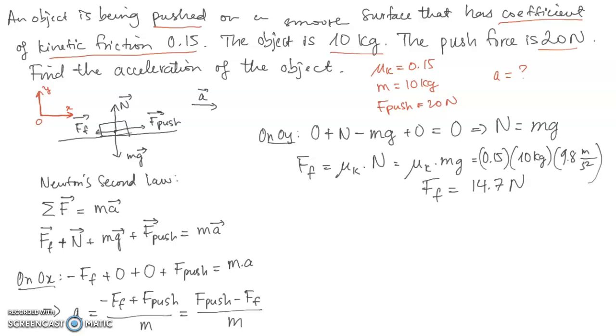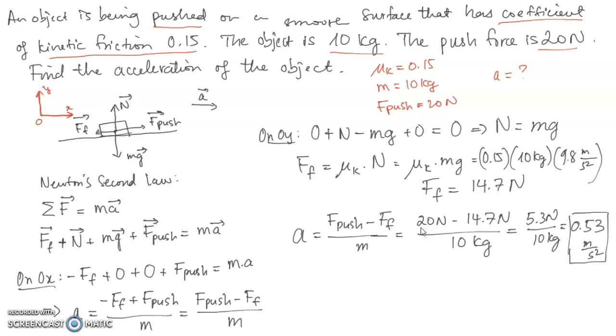So then acceleration would be F push minus F friction divided by M. F push is 20 Newton minus 14.7 Newton divided by the mass, which is 10 kilograms.